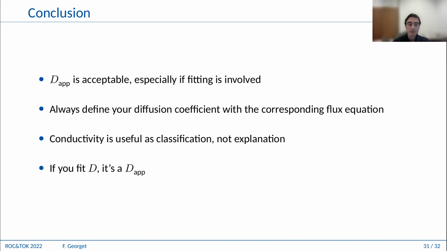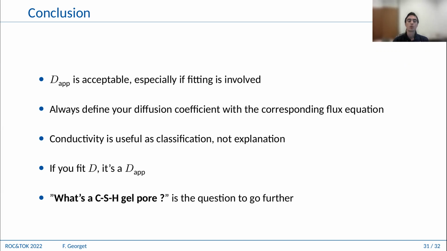Finally, conductivity is useful as a classification and not as an explanation. And if you fit D, then you should consider it as an apparent diffusion coefficient. You should not abandon it, but you should consider the limitations and advantages of the approach.